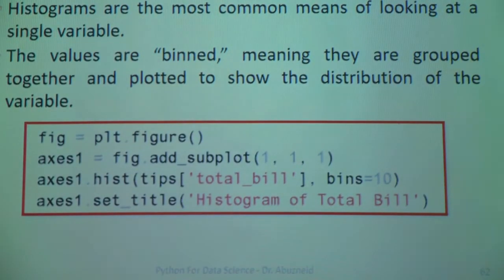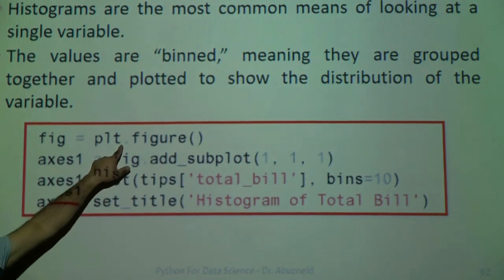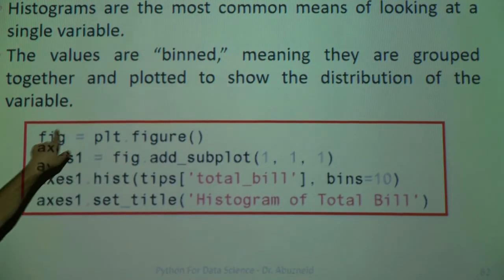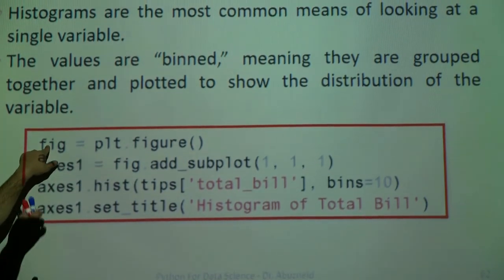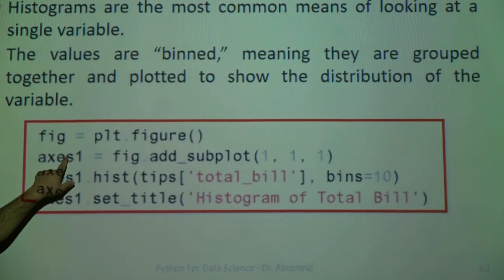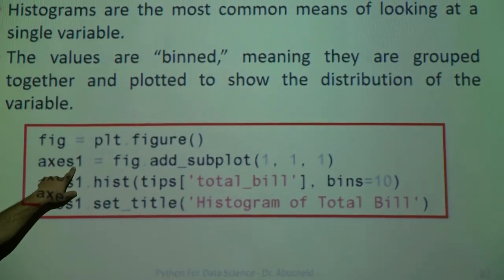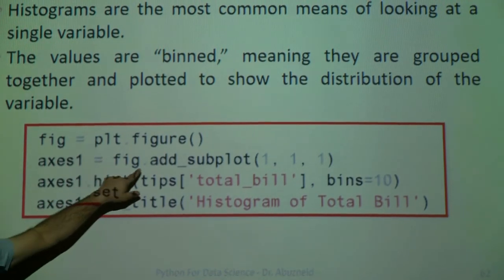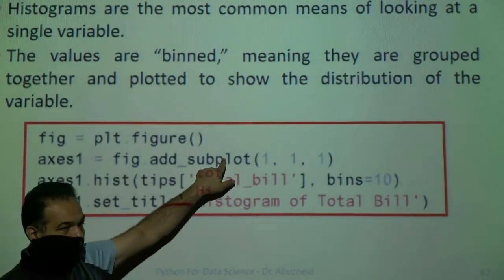Very simple. What is the first thing you have to do? You have to create the figure. So plt.figure, you have the figure object, the bigger box. Then you create the axes. So you say axes 1, it will be added to the figure, and we call it subplot.